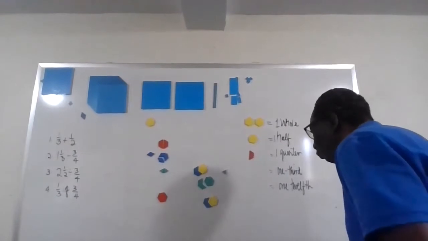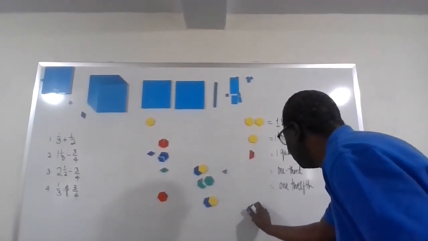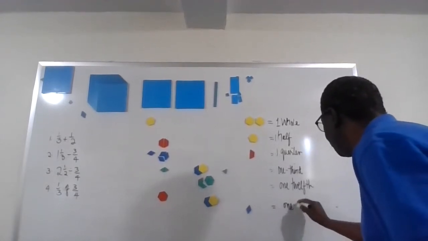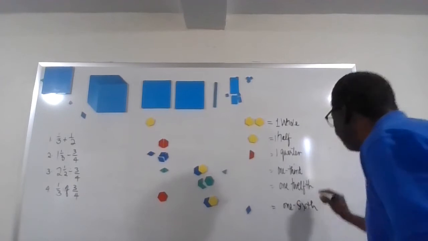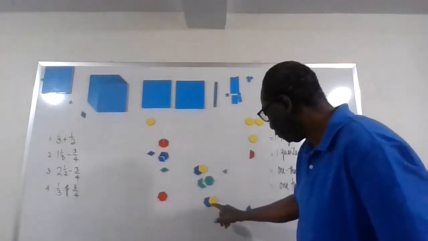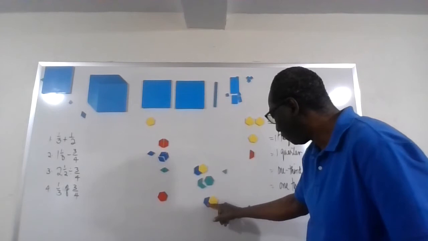So equal 1/6. So altogether, this would give me 3 blue rhombi here, 4 and 1, 5.